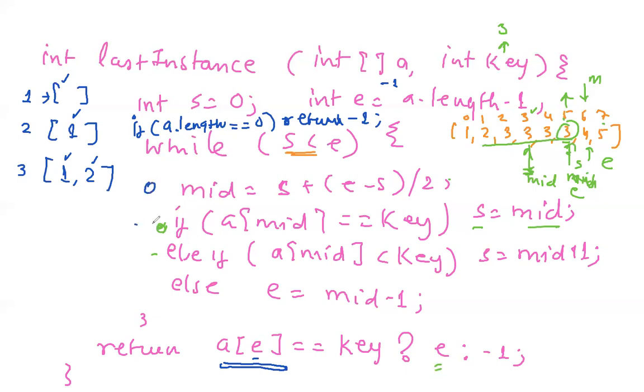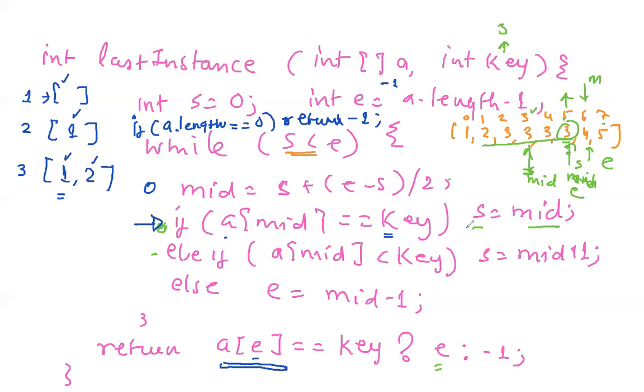Now, is this condition true? A of mid is 1. Your key is also 1. Is this condition true? Yes, right?